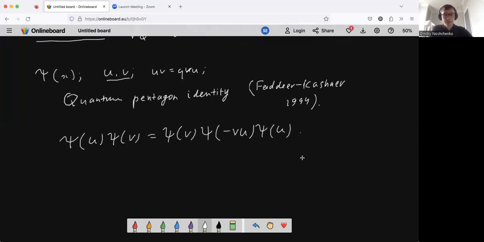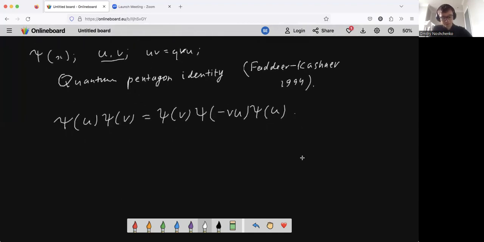You have probably seen it somewhere, or maybe not. Why this is called a pentagon: you can draw it diagrammatically as a pentagon, and you have a path which has 3 steps and a path which has 2 steps.